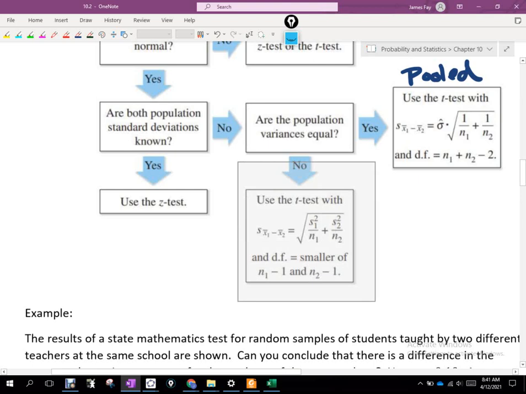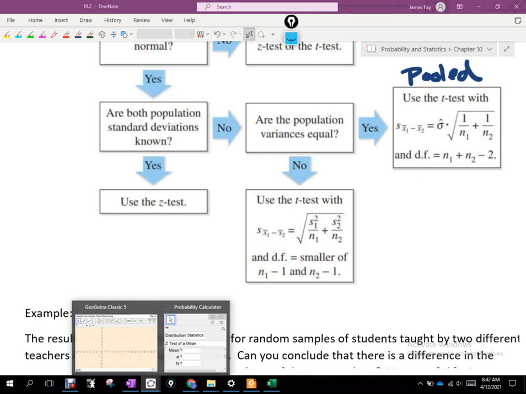So in our situation, this is a non-pooled test. If we would have said yes, then we call it pooled. Usually, probably 99% of the time, they're going to say pooled.